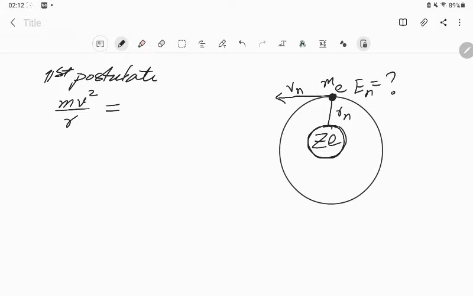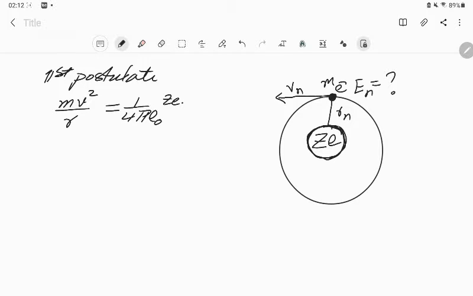F equals 1 by 4 pi epsilon naught Q1 Q2 by R square. Let's say this one is Q1 and this electron is Q2. So Q1 is the Ze charge.